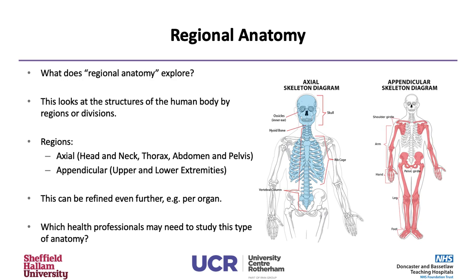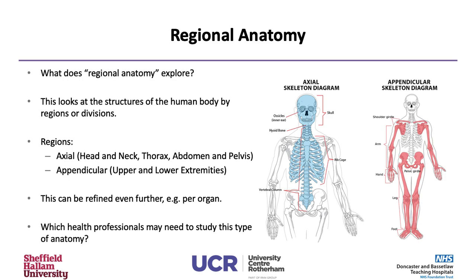So for example, when we look at what health professionals may need to study specific regions of anatomy, you could theorise that dentists need to look at head and neck. You could look at cardiac surgeons, who purely look at the heart. If you're looking to become a midwife, for example, or someone that might specialise in gynecology, you might look at pelvic and lower anatomy, specific to a gender as well, male or female.